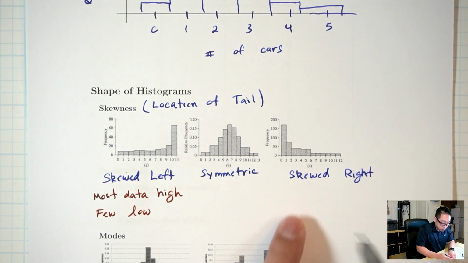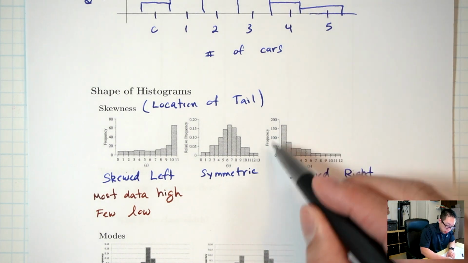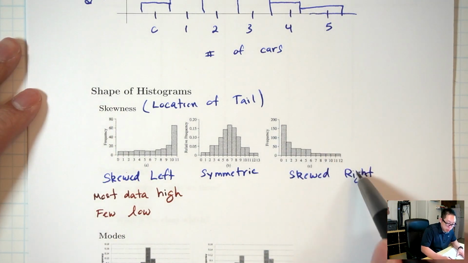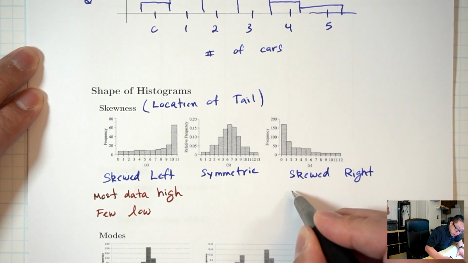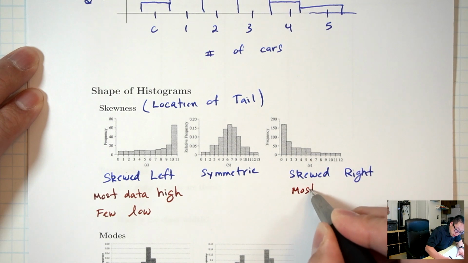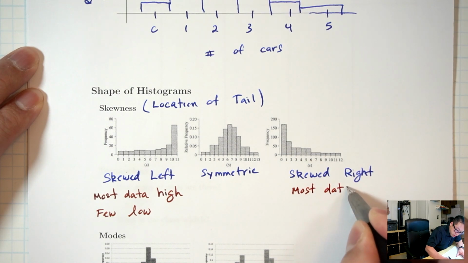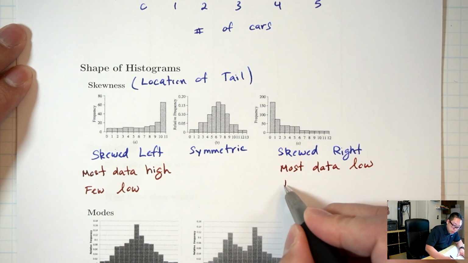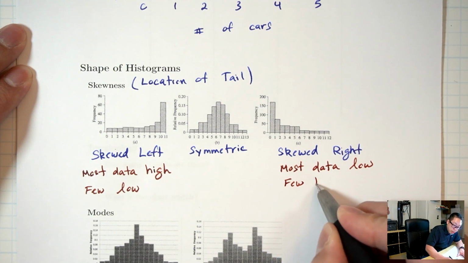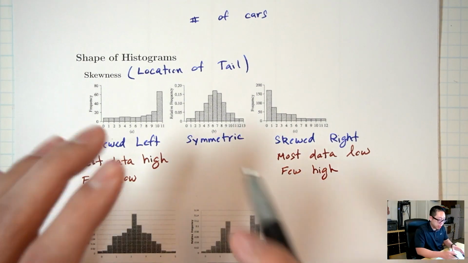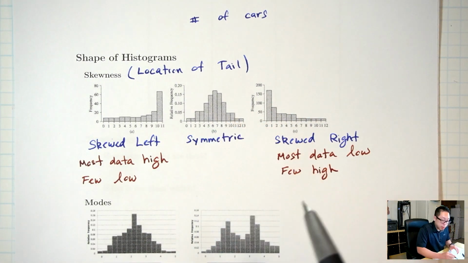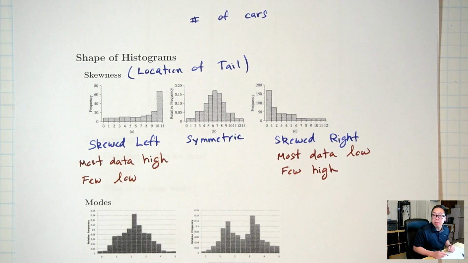Skewed right, most of the data is over here on the low side, and then you have a few on the high side. So for skewed right, most of the data is low, and we have a few that are high. And then for symmetric, most of the data is in the middle, and then you have a few on the high side and a few on the low side.